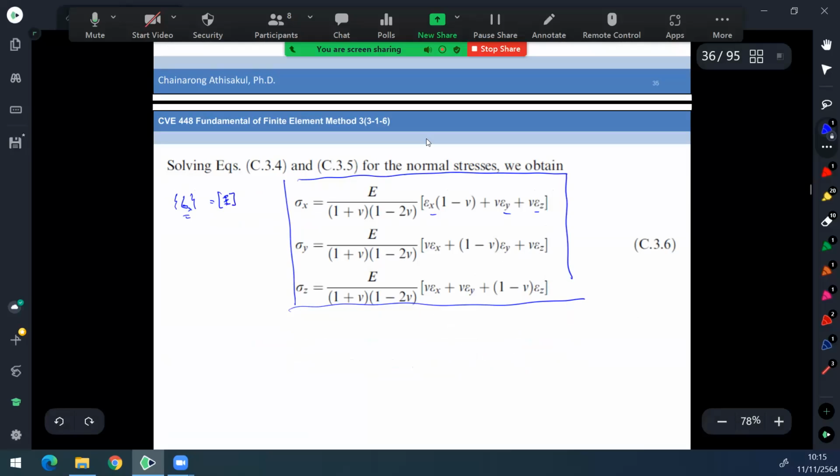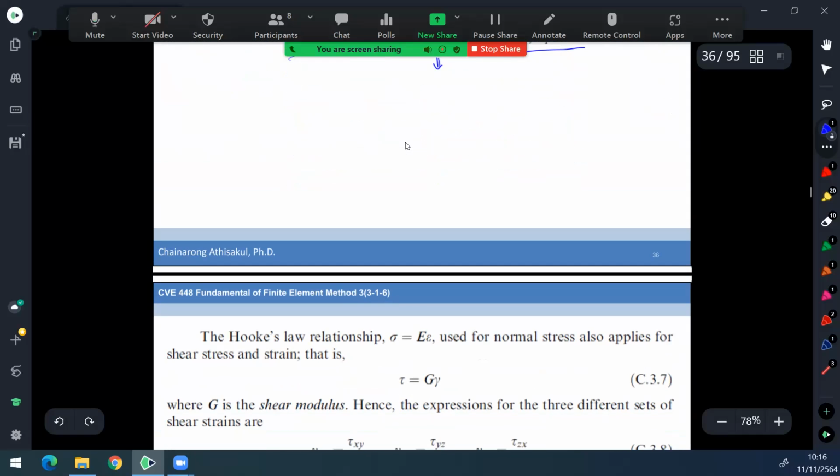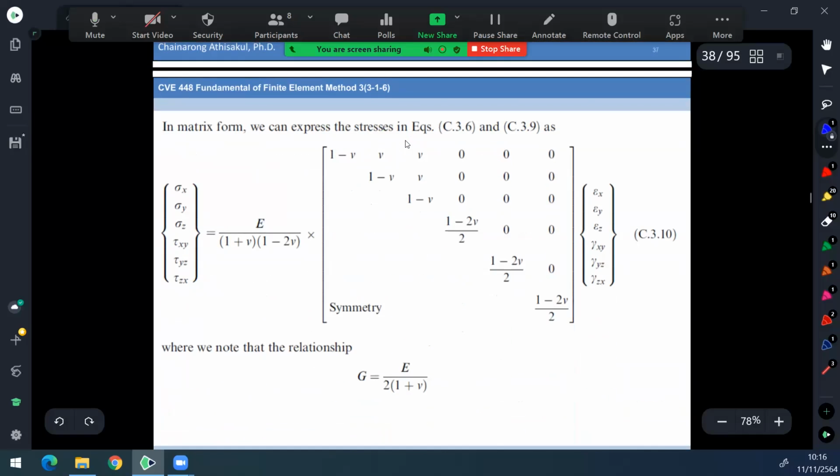It's just one component, related to the strain vector, which is also just one component, epsilon x. So for the previous chapter, where we focused on 1-dimensional problems, this matrix is 1 by 1 only. But for this case, if we write it in matrix form, we will have this term.